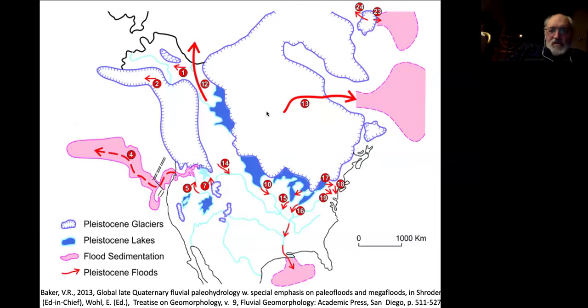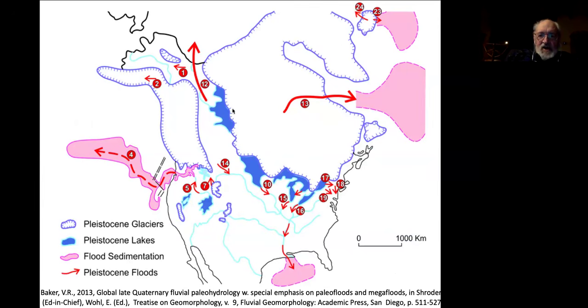Looking more closely at North America, this is a map of North America depicted at a certain point in the last ice age. You can see that in the northern part of North America, here's Alaska up here, Greenland over here, Canada.